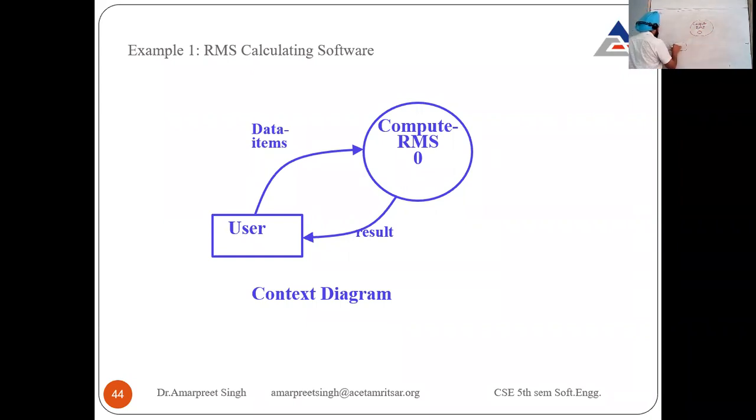It needs one user who will supply the numbers A, B, C. The user will input the data, and the data items will be A, B, and C. This is the level 0 DFD of RMS, computing RMS of three integers ranging between minus 1000 to plus 1000. And finally, the output will be the result. So this is the context diagram or level 0 DFD of the RMS calculating software.